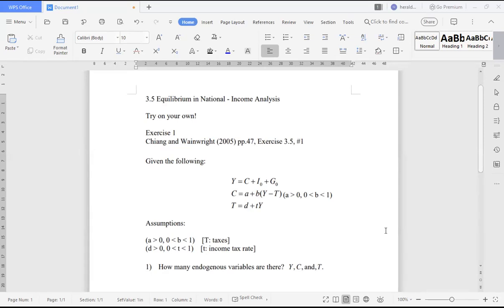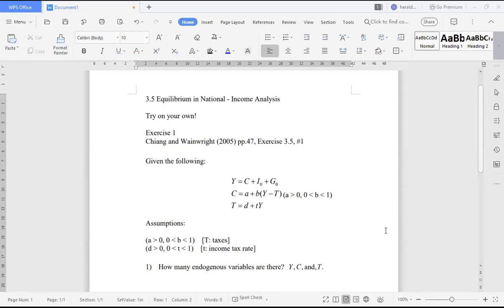We have to confine our analysis only to those endogenous variables, and our endogenous variables are Y, C, and T. We also have our exogenous variables: investment and government spending, which we will take as given. We have our parameters. Our parameters are A, B, D, and T.